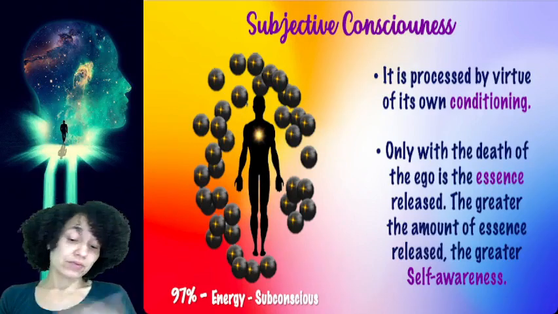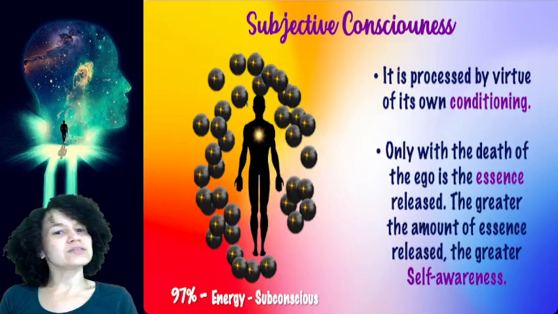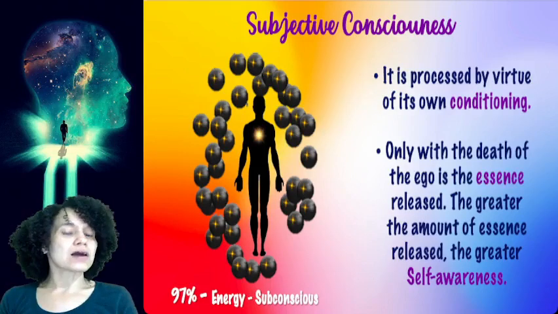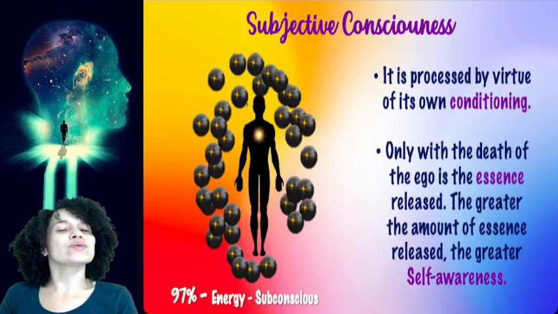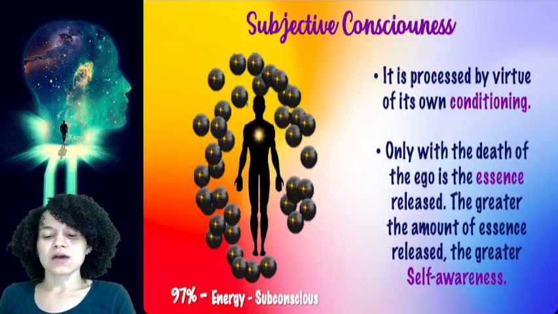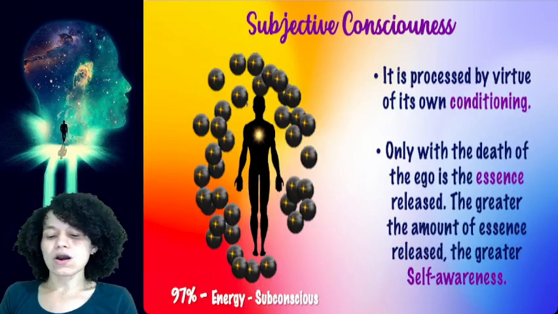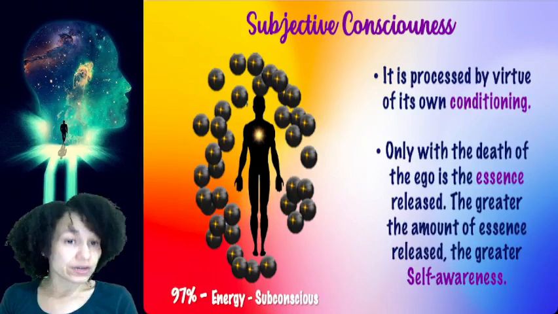And, well, as I was saying a moment ago, we can differentiate the objective from the subjective because the subjective will always watch over its particular interest for the satisfaction of its egoic desires.